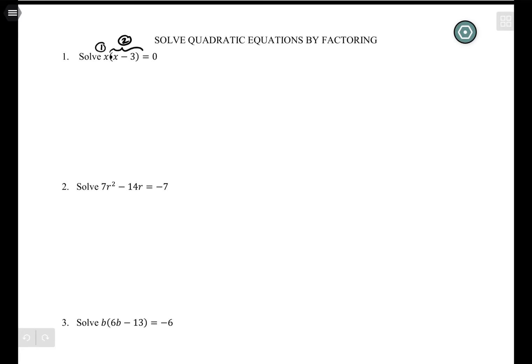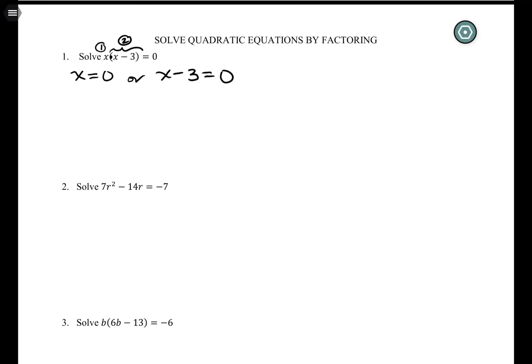So this is going to allow us to take this messy quadratic equation. It's quadratic because it has a second power in it, and that's the highest power. So we're going to take that first factor and set it equal to 0, and we're going to take that second factor and set it equal to 0. So the original statement is true if either of these simpler statements are true.